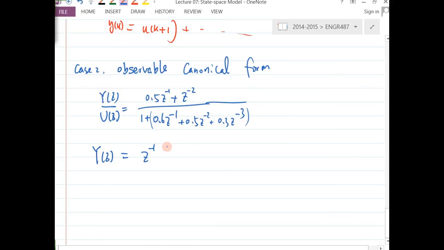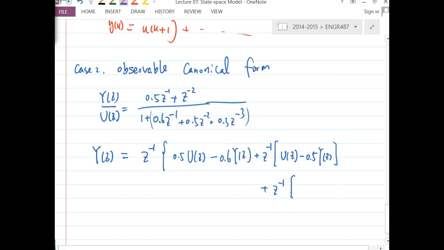So this is what it looks like: z to the power -1 times 0.5 u of z, minus 0.6 y of z, plus z to the power -1, and u of z minus 0.5 y of z, and then plus another z to the power -1.